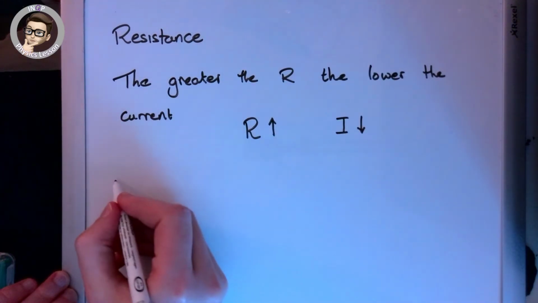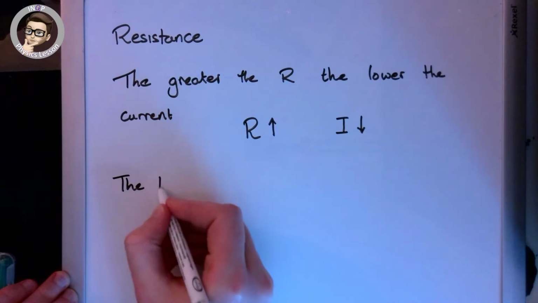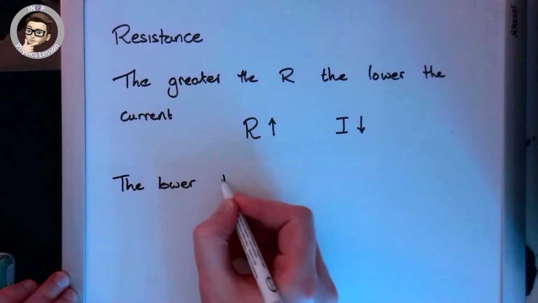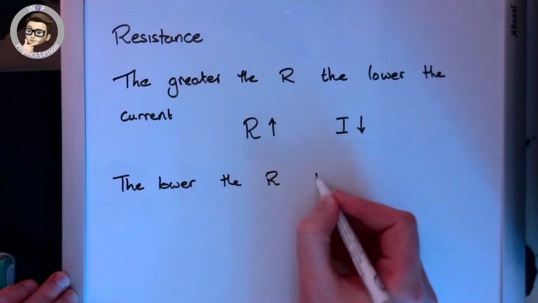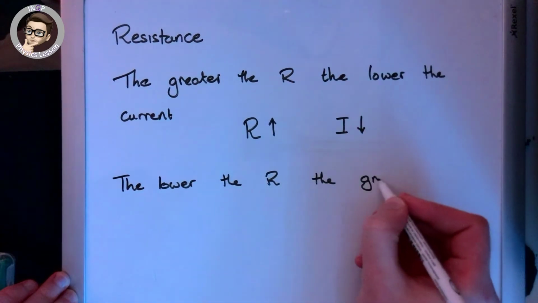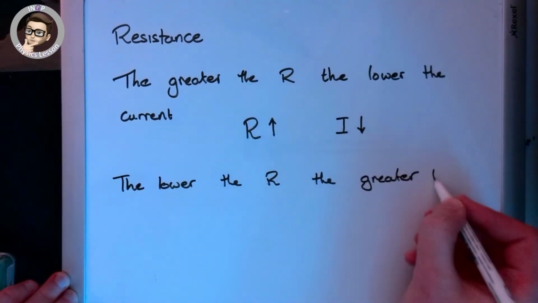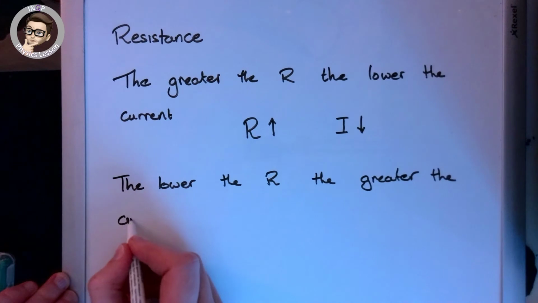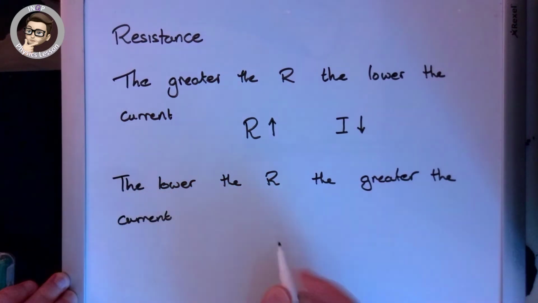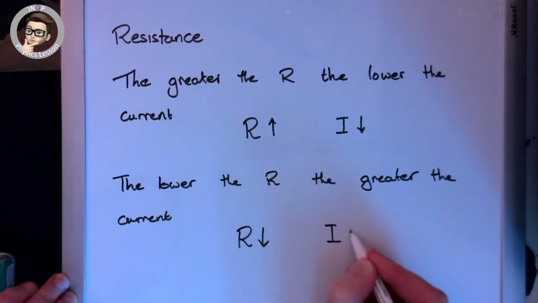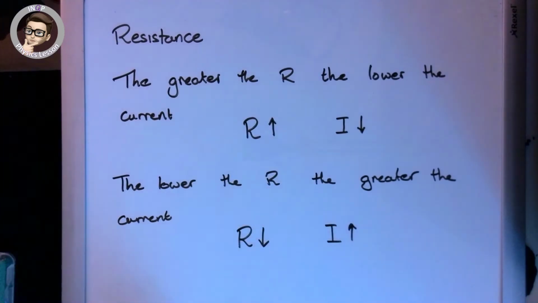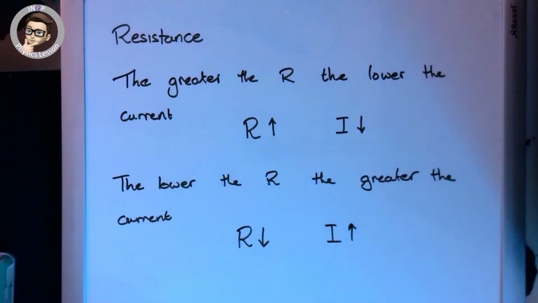So let's do the opposite. The lower the resistance, the greater the current. And that's because, as we've seen before, it's easier to get the electrons through the wire, which means that the current must be bigger.